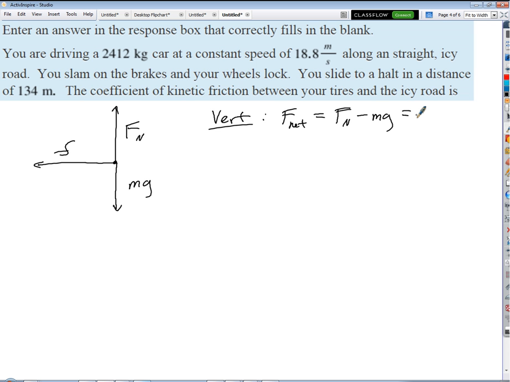Zero. The net force is zero, isn't it? It's not accelerating. So therefore, normal force is equal to mg, but we can just see that from the free body diagram too, can't we? Right, and that's how we've mostly been doing it, okay? All right, so normal force equals mg.